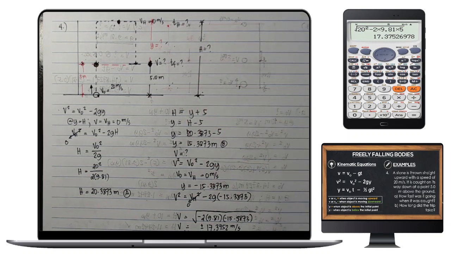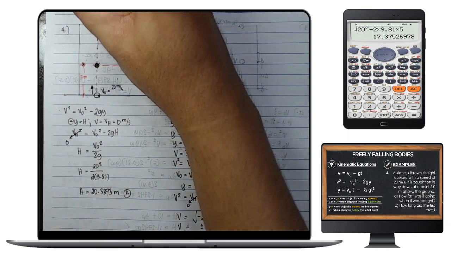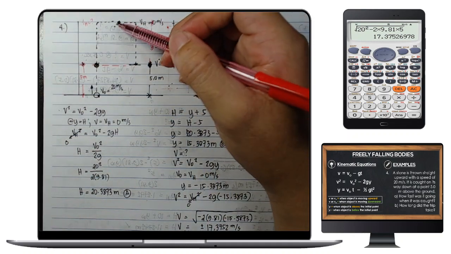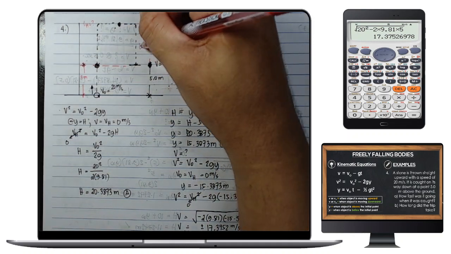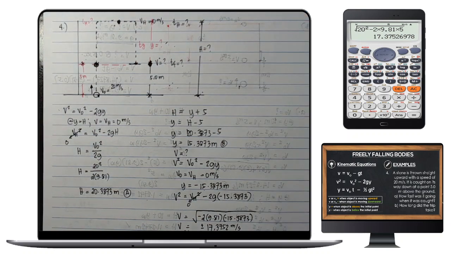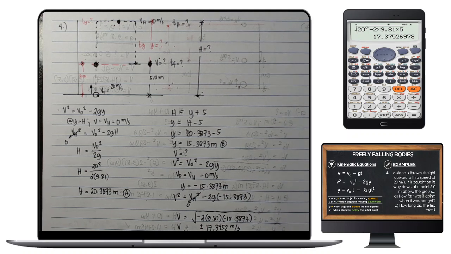So, hanapin natin si time to reach the maximum height. Then, kuhanin natin si t sub y, yung from maximum height going dun sa ating 5-meter mark. And that is your time of flight.